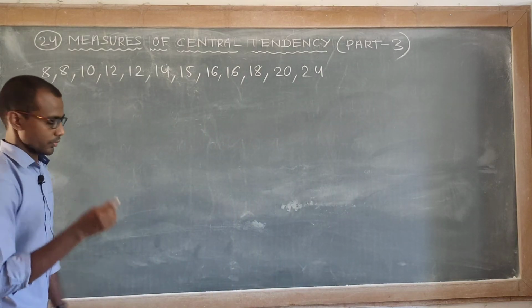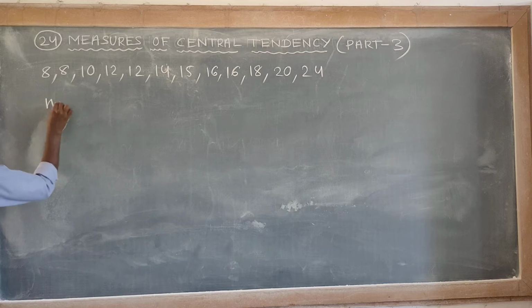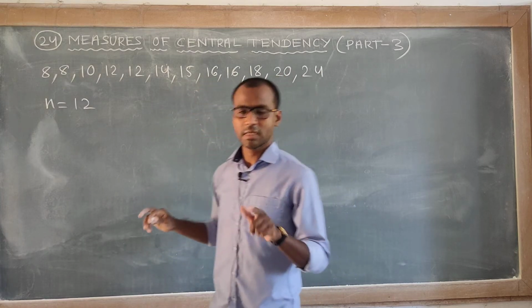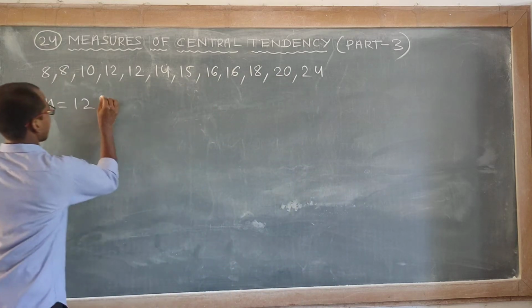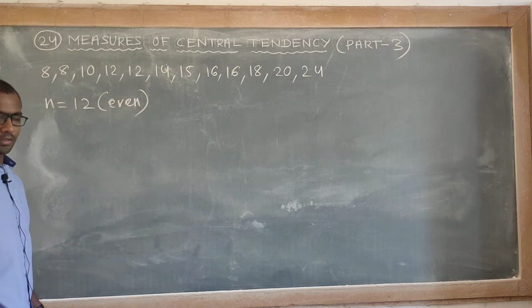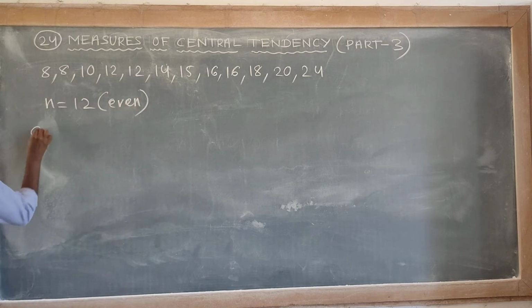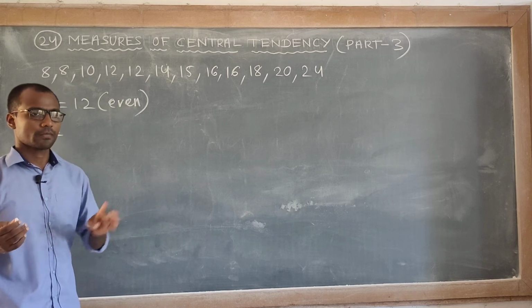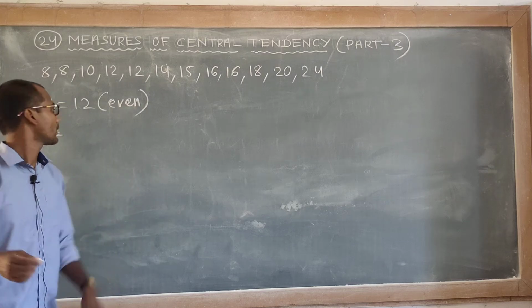Now we will use the formula. N is equal to 12. We have collected 12 marks, 12 students. 12 is an even number, so here we write even. When N is even, we have a specific set of formulas for lower quartile, median and upper quartile.